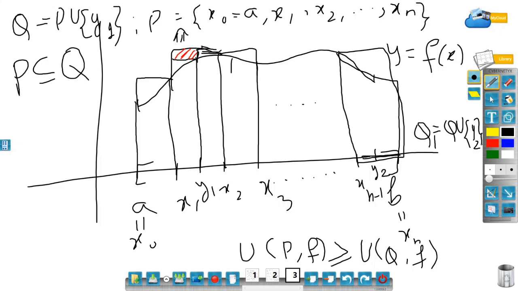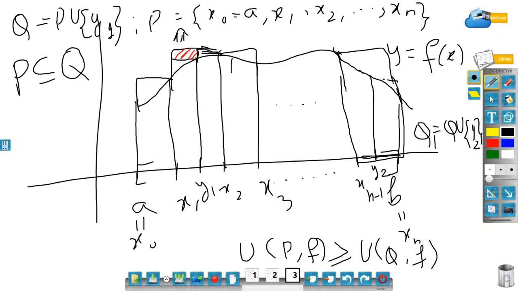Now Q2 has area of n plus 2 rectangles, and let me draw that also. So when I draw this, let me be a little clear in drawing.